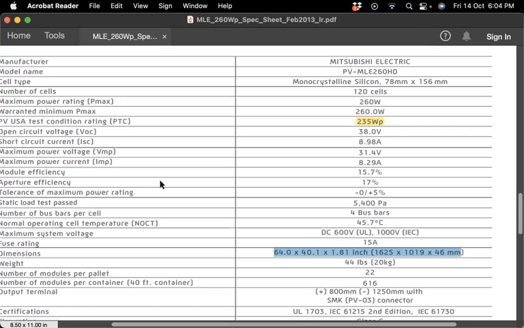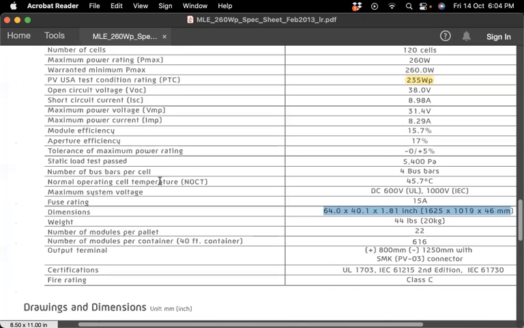So let me first start in this part of the lecture to consider what's called the effect of irradiance and the effect of temperature. And still, I'm going to use this data sheet.